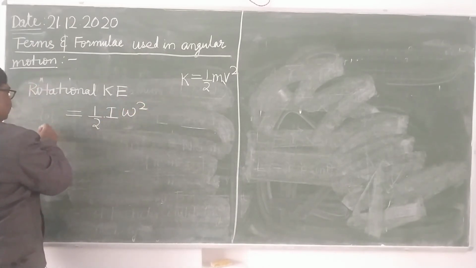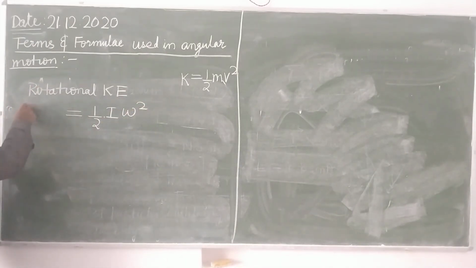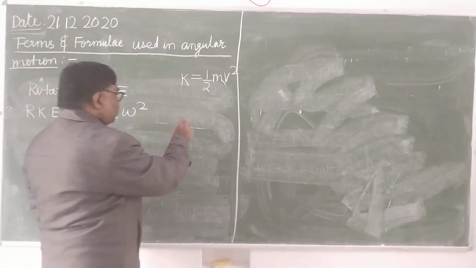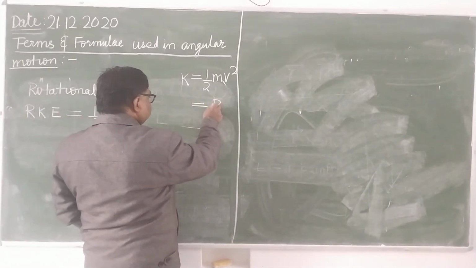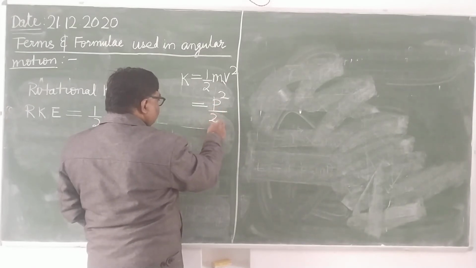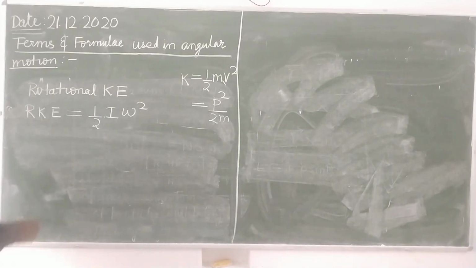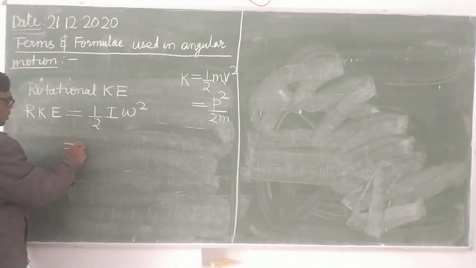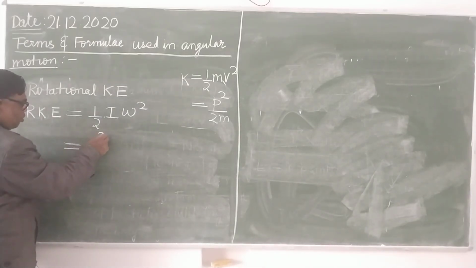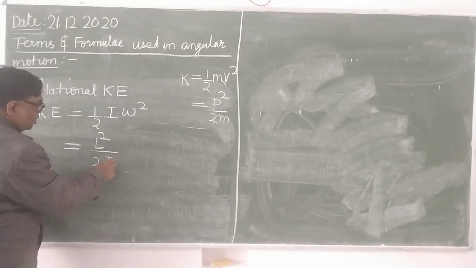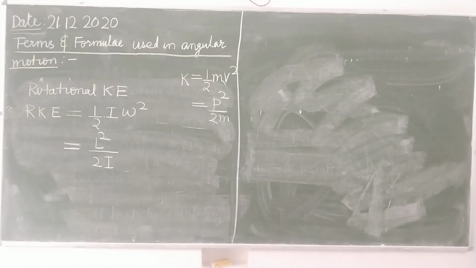So half I omega square. This is the formula of rotational kinetic energy. Now this formula can also be written in another form. We know that kinetic energy is also given by P square upon 2m. So here in place of P there will be L, which we call the angular momentum, so L square upon 2I. This will be the rotational kinetic energy.